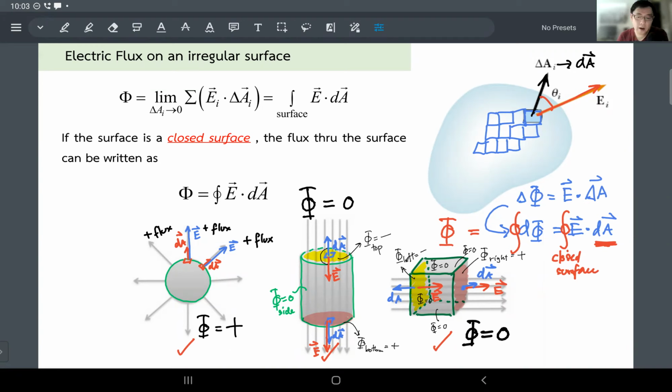What we can summarize in a very short equation looks like this. Flux is just the electric field vector dotted with the area vector. And everyone agreed with me last time that we create the area vector by taking a regular piece of area and drawing a vector perpendicular to it.